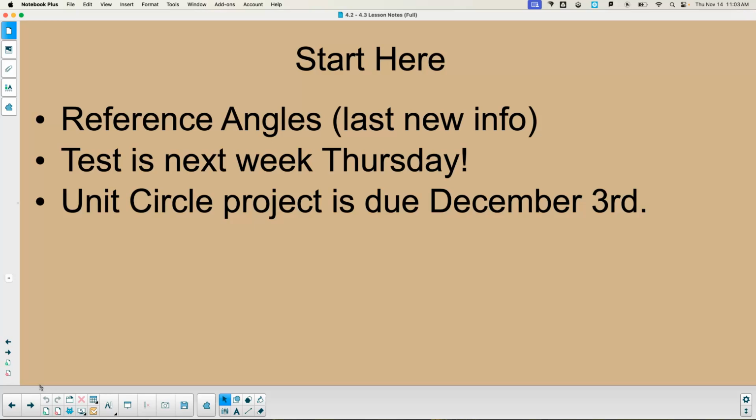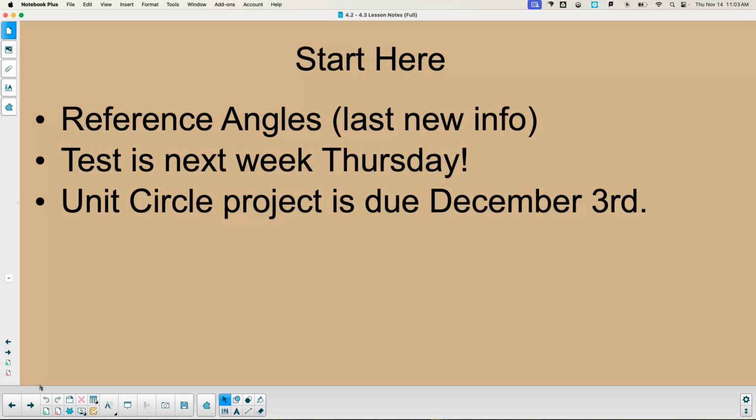Wednesday of next week, we're going to graph the sine function. And then Thursday, we actually might even get the cosine too on that one also. And then Thursday of next week is your test, which means that your Brown homework packet is due next week, Thursday.